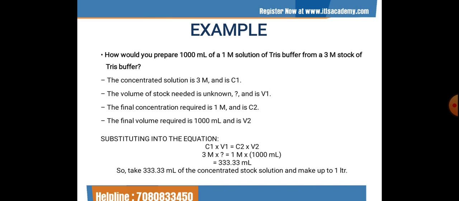We are getting 333.33 ml. So taking this 333.33 ml from the tris buffer stock solution and putting it into the flask and making up the volume to 1 liter, we easily get the working solution, and it would be a standard solution.